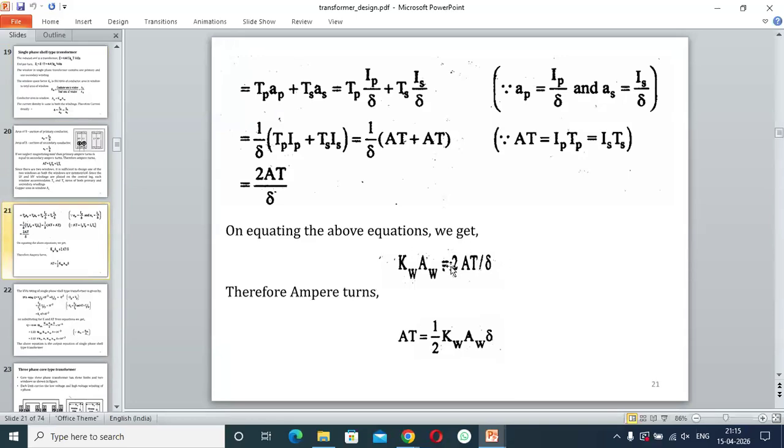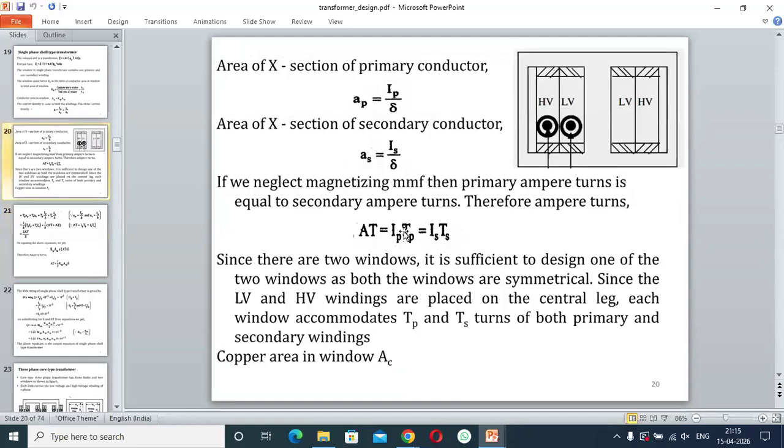So how much copper area we require, that we have calculated as KWAW, and we calculated it using the number of turns and number of ampere turns of the system.